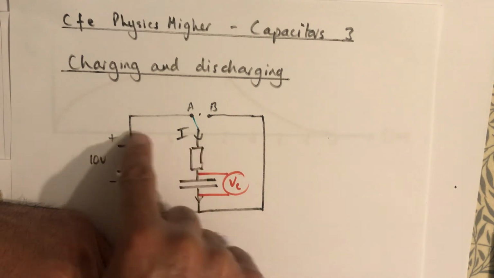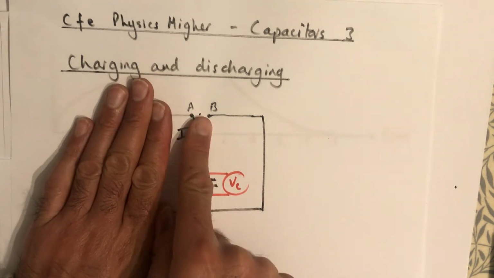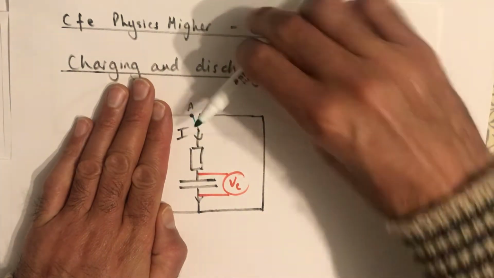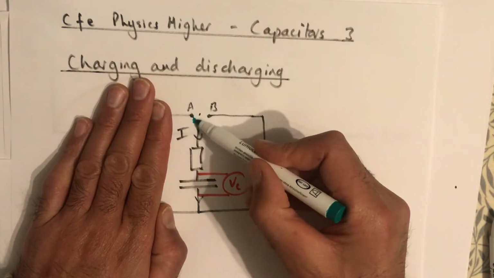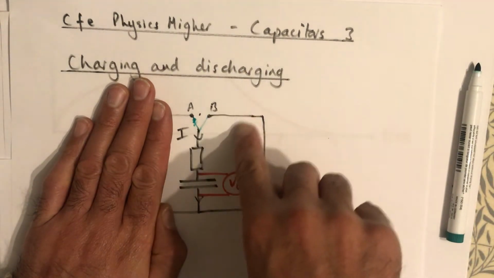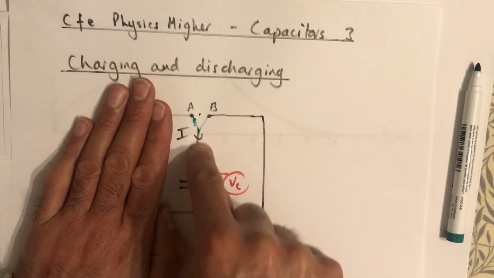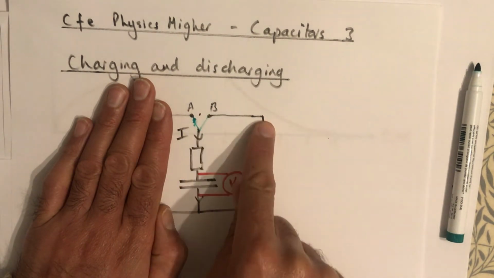Then in that case, the current has been going that way. Now, when we switch over to position B, we now have the current flowing the opposite way. So previously current was coming this way, but now it's going to go that way.